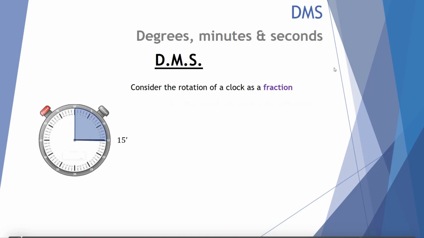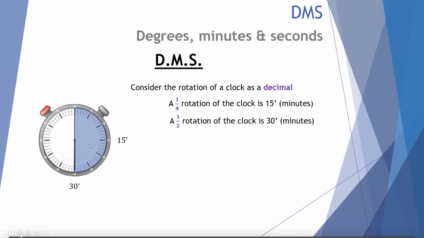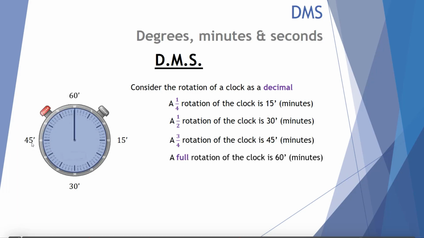We can have a quarter of a rotation, and that is represented in terms of minutes as 15 minutes. We can have a half rotation of a clock face, and that represents 30 or half past when we're thinking of hours. We can have 3/4 of a rotation, that represents 45 minutes. And finally, a full rotation would be considered as 60 minutes, making up the hour.